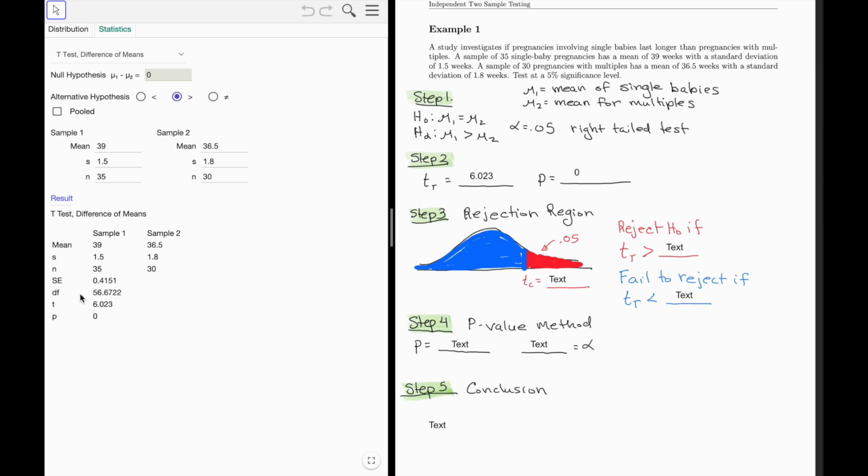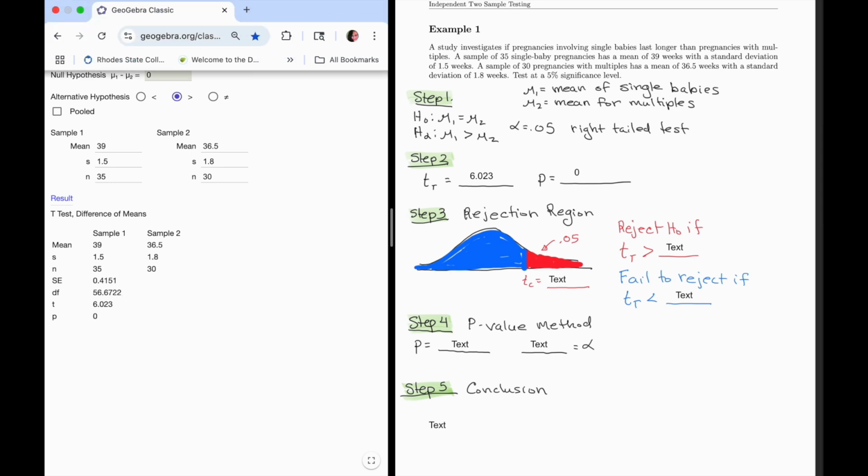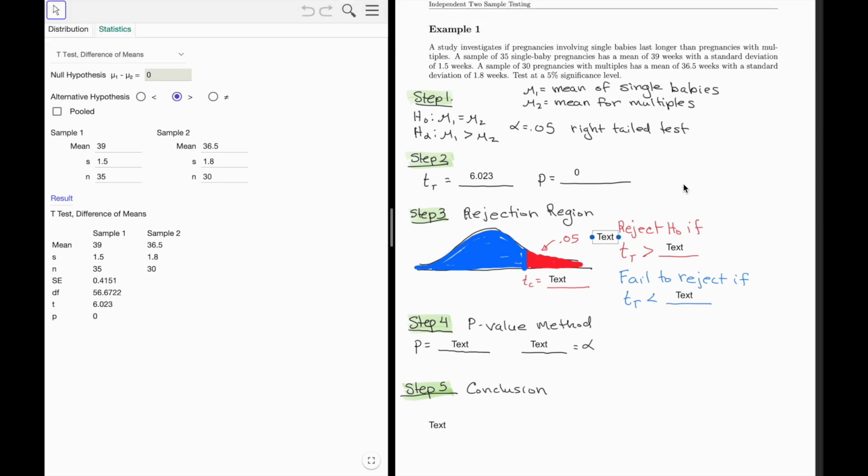So DF here is your degrees of freedom. I'm going to make another text box here and write down that my degrees of freedom is equal to 56.6722. And I highly suggest that you use all the decimals, because if you round it too much, then you might get an error in your answer.